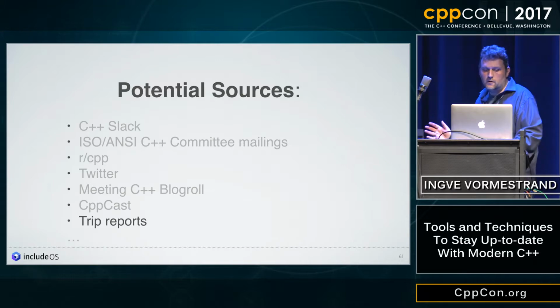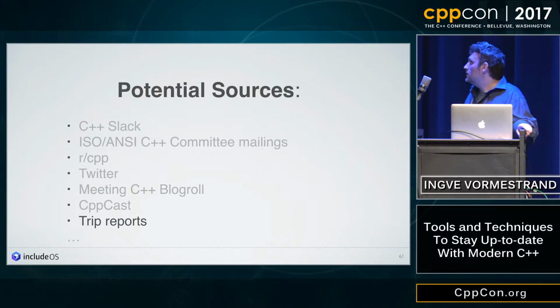And then you have a very useful concept. I don't know if these are collected anywhere. Back on step 2, where we have the committee mailings, these are the raw papers from the committees. Then we have people who go to the committee meetings who write, it's a C++ specific genre, trip reports from the committee meetings.